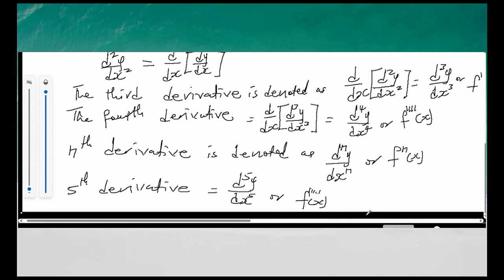Okay, yeah, 5 primes. Let me write it well for better view. So it's going to be the 5 primes, 1, 2, 3, 4, 5. Then I have my x. Okay, yeah.